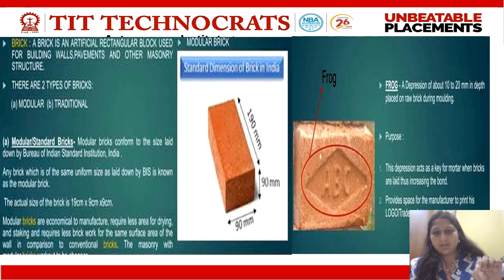We need a certain binding material, that is mortar, a cement paste. Due to the presence of this frog, extra mortar can be filled, which may create a proper bond with the upper or lower bricks. And the second important purpose of the frog is to give a space for the manufacturer to mark its logo or its name.